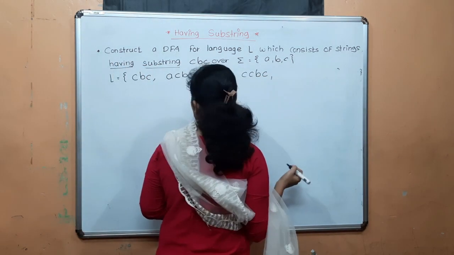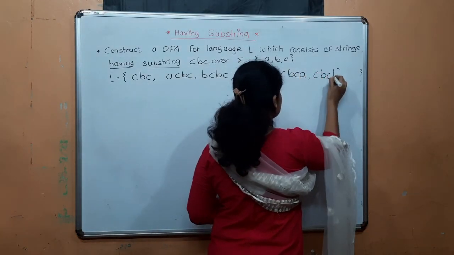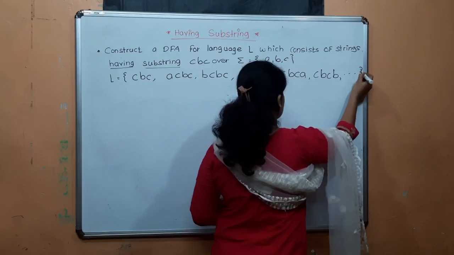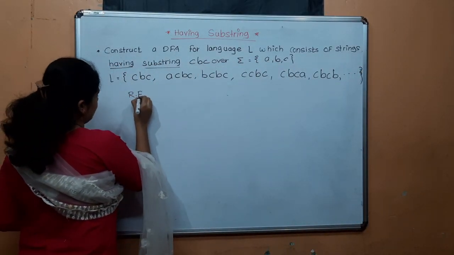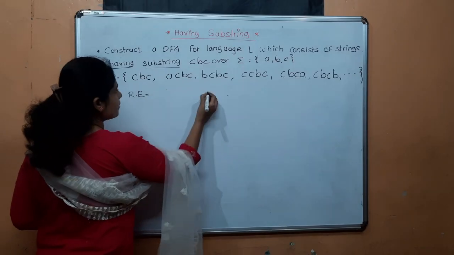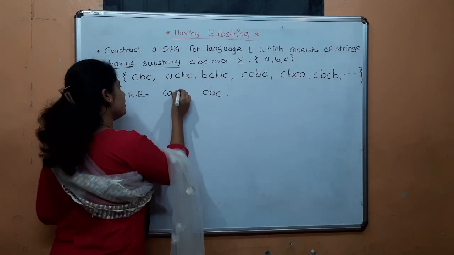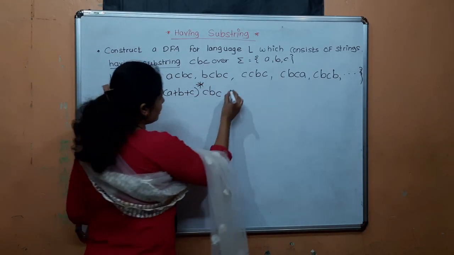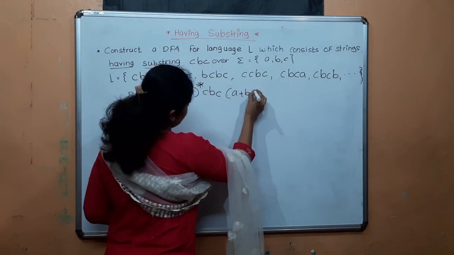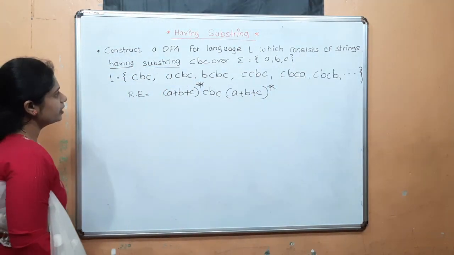Okay, it can end with CBCA, CBCB, and so on. Okay, now the regular expression will be CBC, that is the substring. It can start with A plus B plus C, then it can end with A or B or C. Okay, now draw the transition diagram.